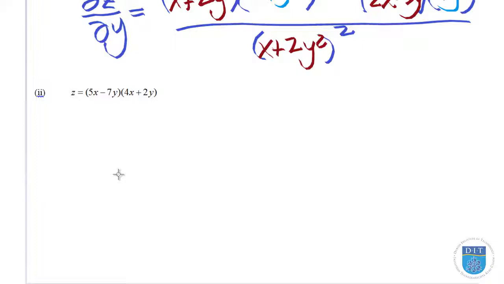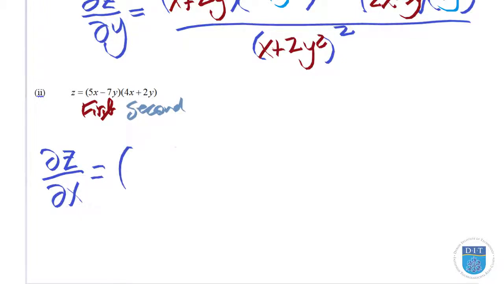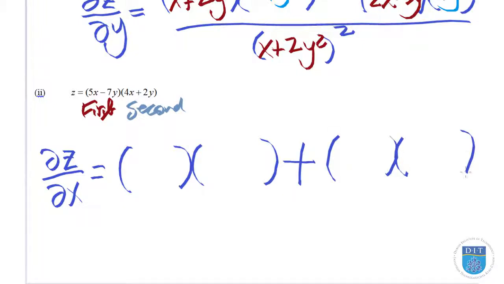Right, so when I say first by second, there's the first, and there is the second over there, the second bracket. I'll write up my brackets first. I'm doing it with respect to x first. So it's the first bracket by the derivative of the second bracket plus the second bracket by the derivative of the first bracket. The first is 5x minus 7y, by the derivative of the second bracket.